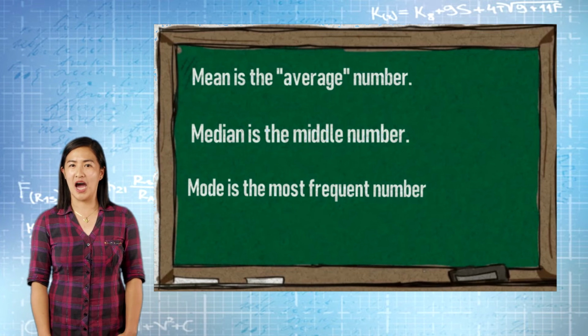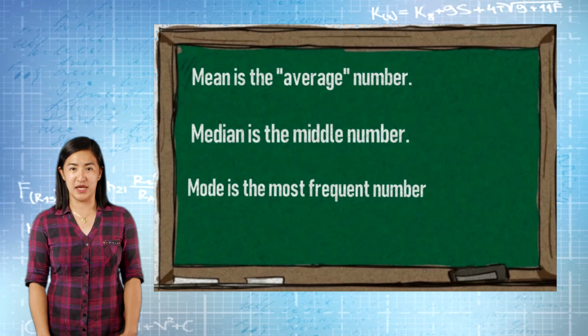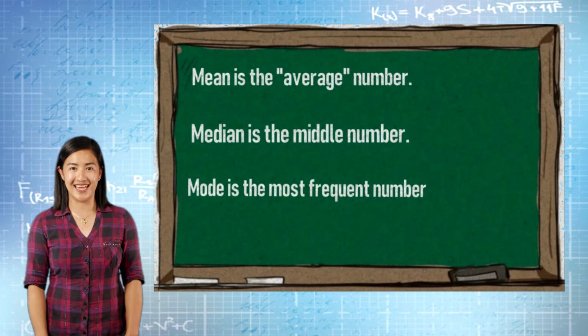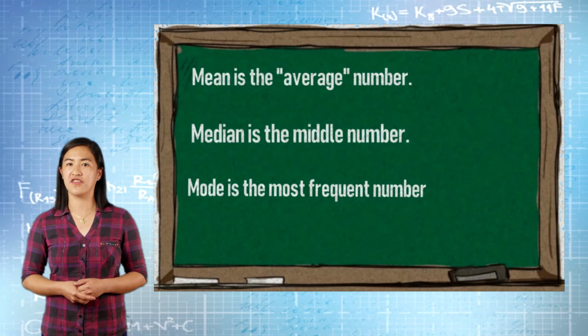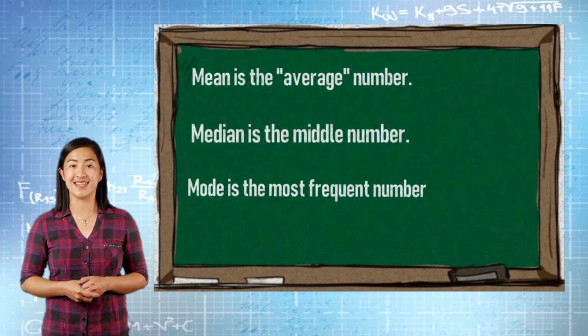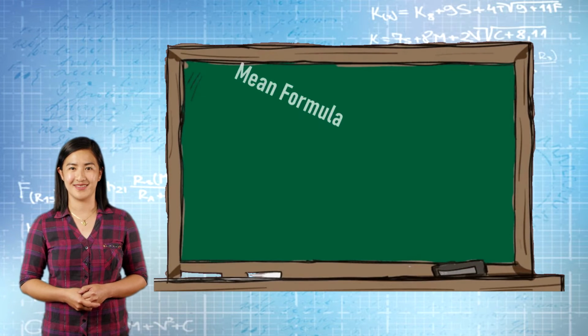We have learned how to find the mean, median, and mode of ungrouped data. Now, we will proceed to finding the mean, median, and mode of grouped data. Grouped data are data which have been arranged in a frequency distribution table.